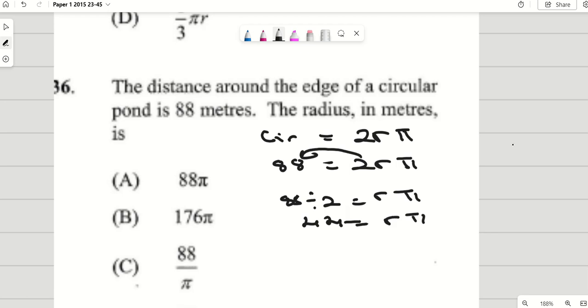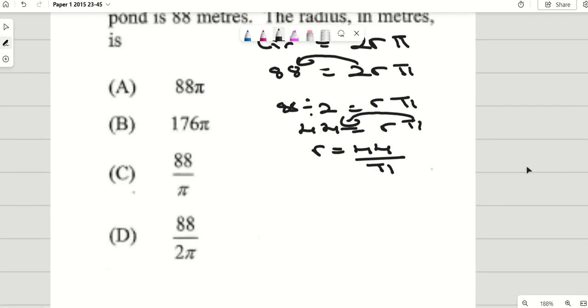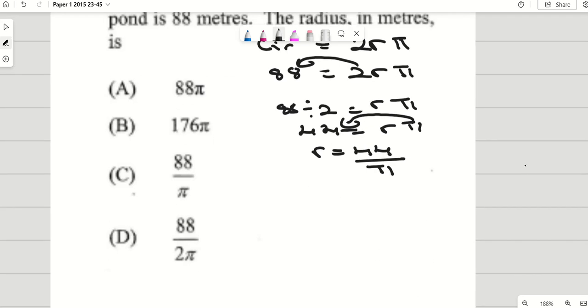We want r by itself, so you're carrying across pi, so r would be 44 divided by pi, which I believe would be option, oh, well, they have 2 pi. You could have done that if they do have 44, they didn't divide by 2, right? They carry 2 pi, so this is the same thing as saying 88 divided by 2 pi, right? So the answer is D.